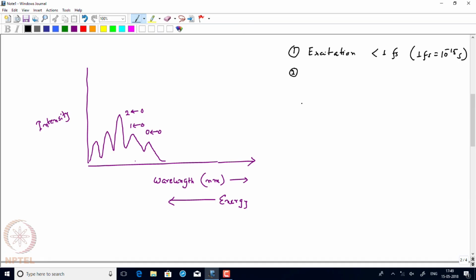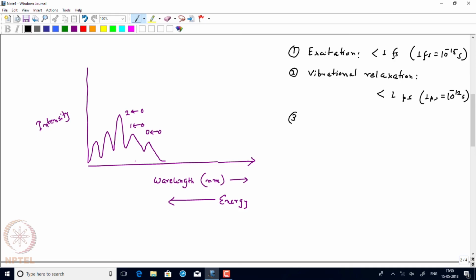This electronic spectrum falls in the UV visible range, and then there will be a vibrational relaxation, which usually completes within say 1 to 10 picosecond, and it is extremely fast. Again, 1 picosecond is 10 to the power minus 12 second.